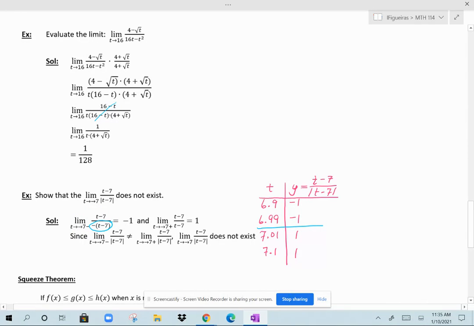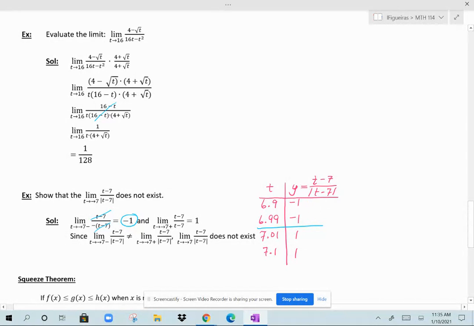So in other words, if I were to plug in 6.9 in here, I would get the negative of 6.9 minus 7 in the denominator, which makes it positive. Same thing that the absolute value does. So it's just a trick to rewrite the absolute value in a different way without the absolute value so that I can then do this. And that basically leaves me with a constant of -1, same answer we got here.